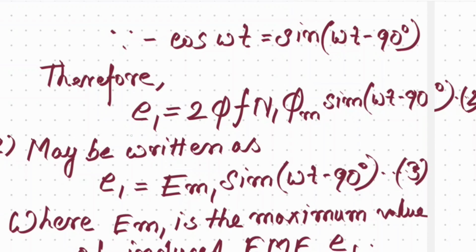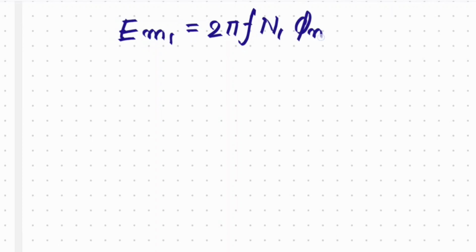So this E m1 is equal to 2 pi f N1 phi m.